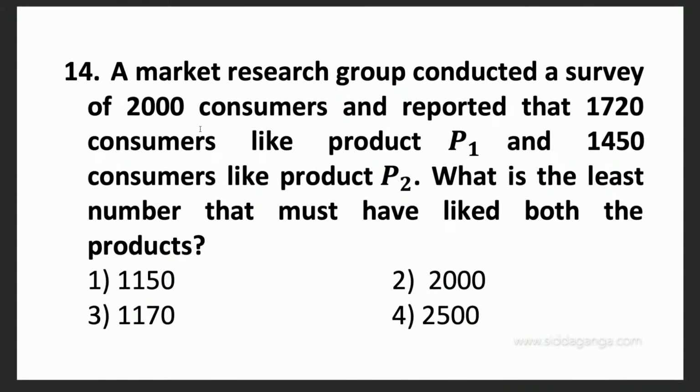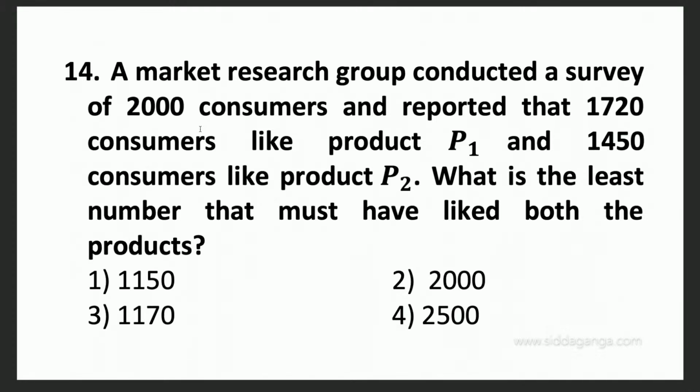A market research group conducted a survey of 2000 consumers. This we represent as N of U, 2000 consumers, and reported that 1720 consumers like the product P1. So that we write as N of P1, which is 1720.